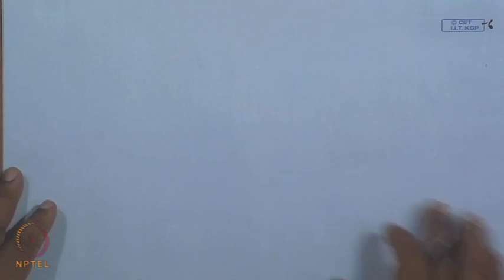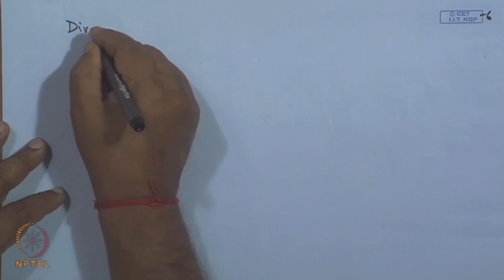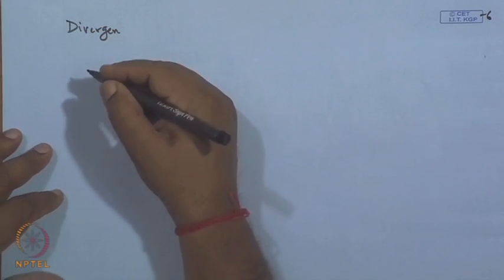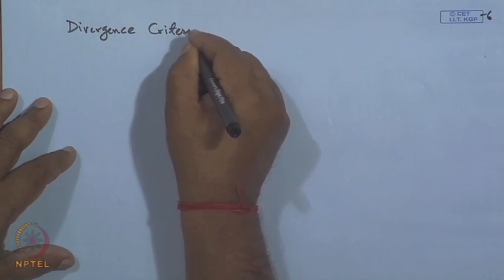So, now there are some criteria for the divergence. So, this we call divergence criteria.